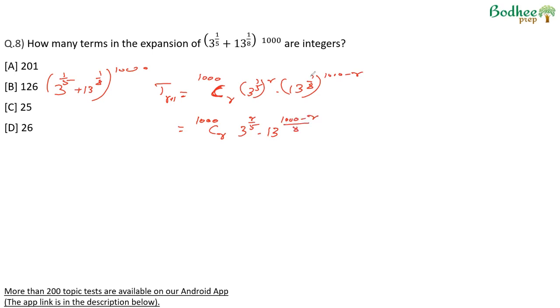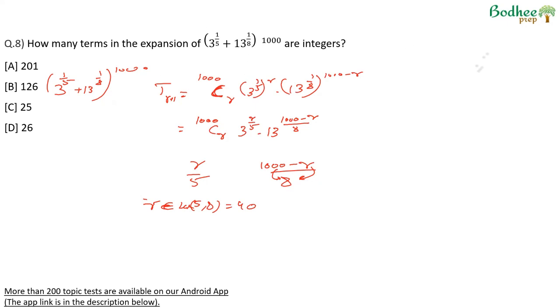Now, clearly for this to be an integer, r by 5 and (1000 minus r) by 8 have to be integral values. And therefore, r has to be divisible by 5 and 1000 minus r has to be divisible by 8. Since 1000 is divisible by 8, r also has to be divisible by 8. So r will take values which are divisible by 5 and 8. The LCM of 5 and 8 is 40. Hence, as long as r is a multiple of 40, we will get an integral value.